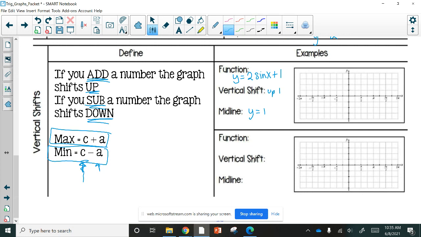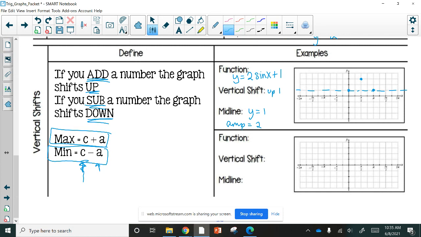That number 2 that's in front. That is an amplitude of 2, which means we always start with your midline. So start with your midline. From the midline, you go up 2. And then back to the midline.